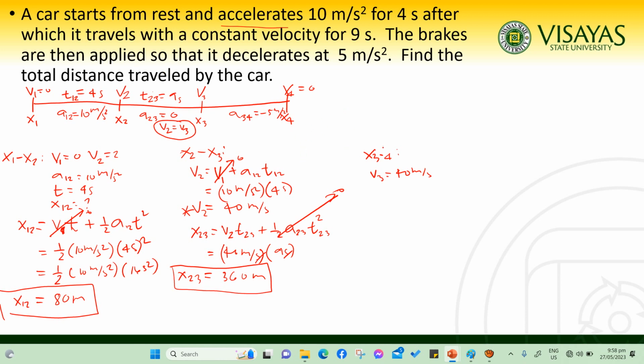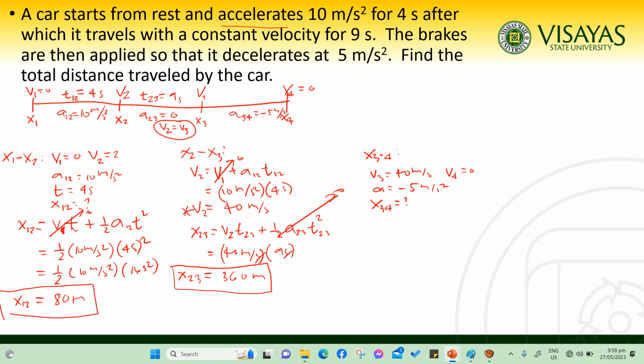Then v4 is equal to 0 because it will stop because you applied brakes. Then the acceleration is negative 5 meters per second squared. It is basically deceleration because it is opposing the direction. The object is going one way, and the acceleration points to the other direction. Then we now are going to compute x34.